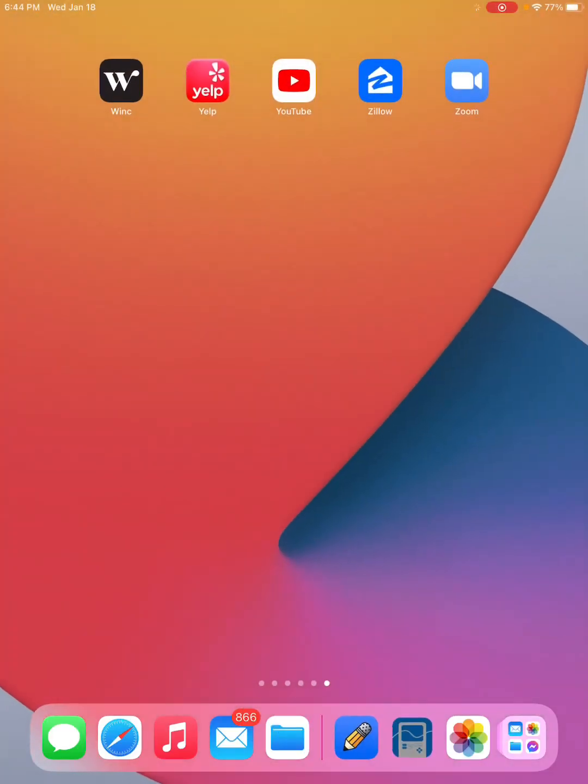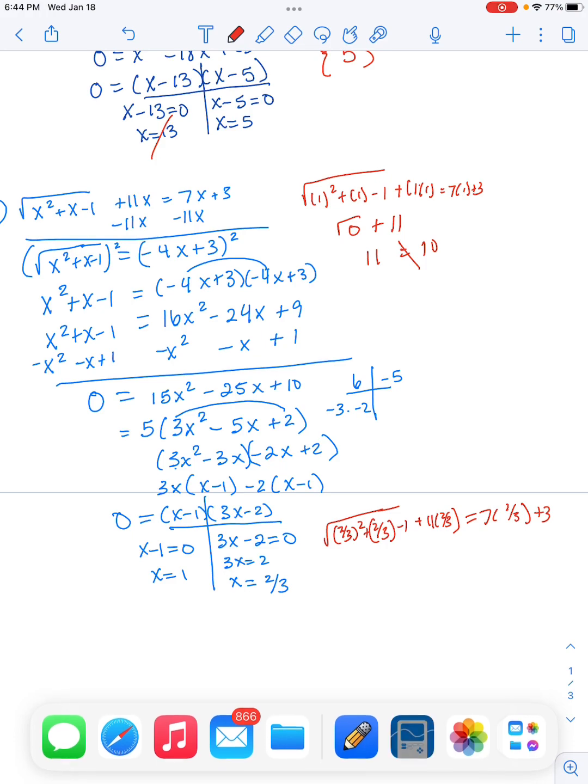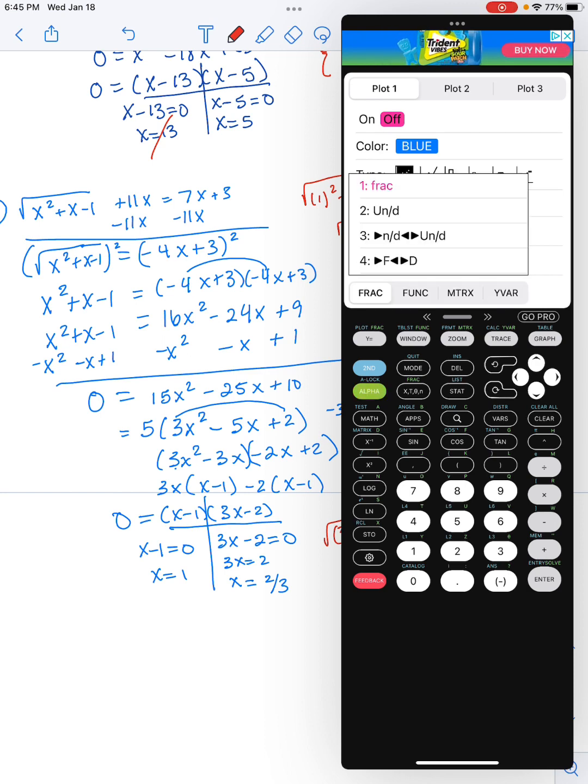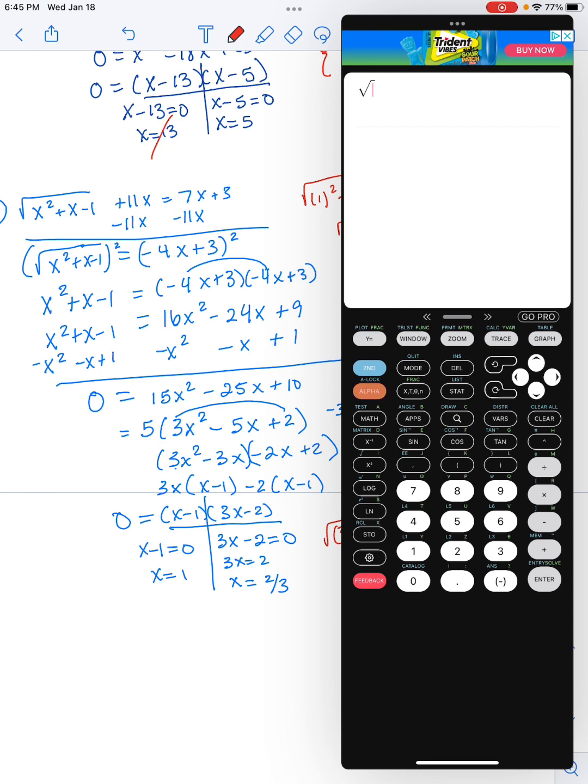Okay, so let's take out our calculator for this. So we have the square root of 2/3, okay, plus 2/3 minus 1.